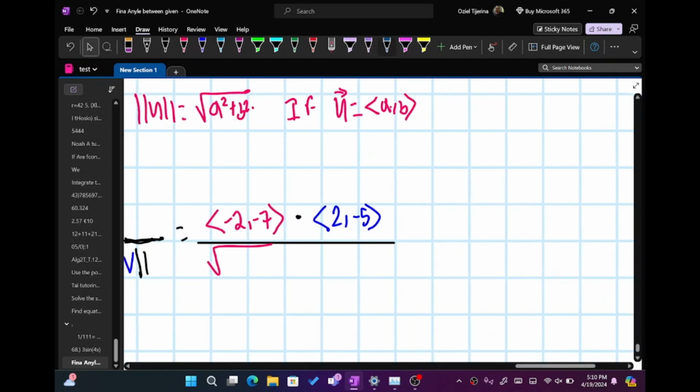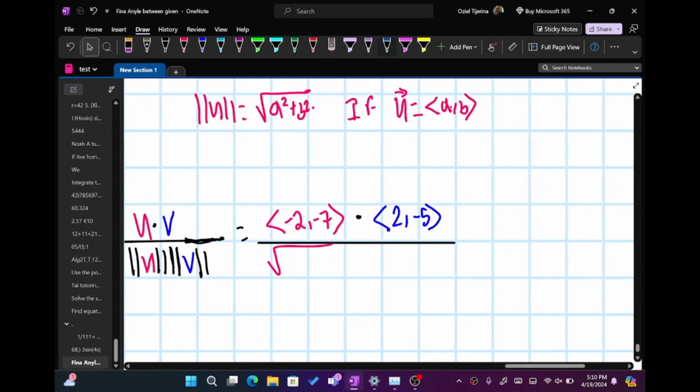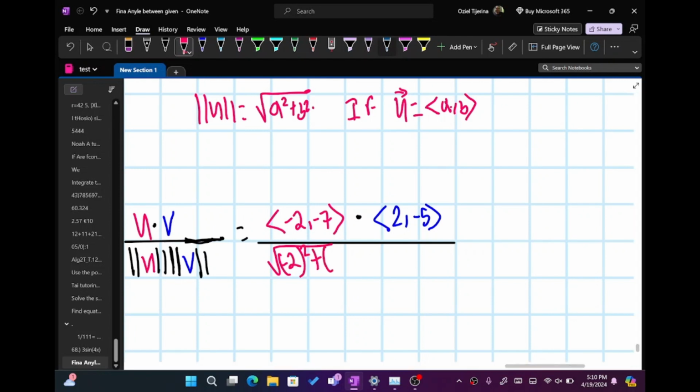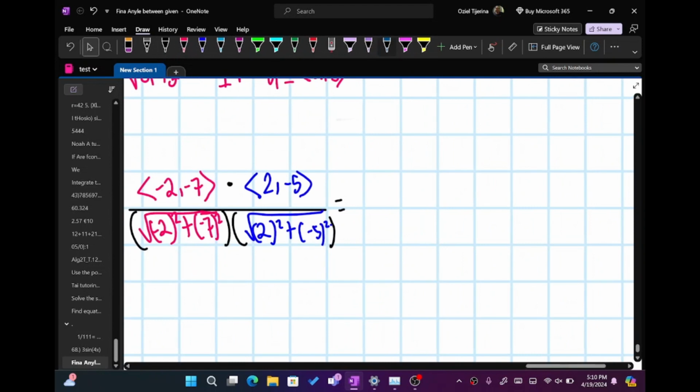So I want to reiterate that, guys. We're just doing the first one squared plus the second one squared. So -2 squared plus 7 squared, and then times the square root of 2 squared plus -5 squared, which is equal to, and again, we're going to use u1 v1 plus u2 v2, so it's going to go -2 times 2, right?